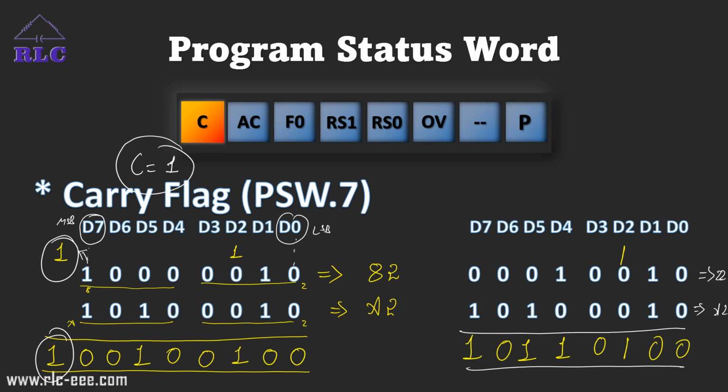Now we can see when we add the D7th bit, there is no carry. It is 0. This means the carry flag is set to 0. Whenever there is a carry generated from the D7th bit, the carry flag will be set to 1. Whenever there is no carry generated from the D7th bit, the carry flag will be set to 0.